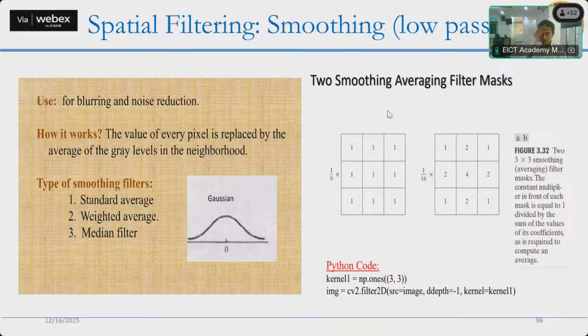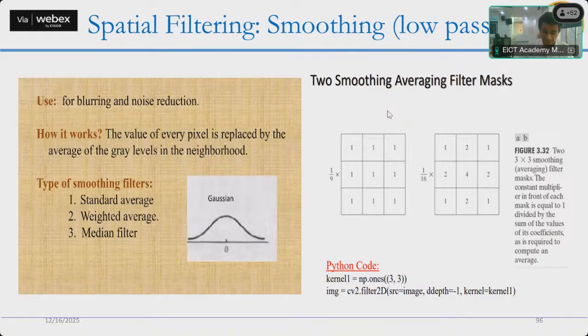For example, that is called smoothing, and again it uses a low pass filter. How does it work? The value of every pixel is replaced by the average of the gray levels in the neighborhood.